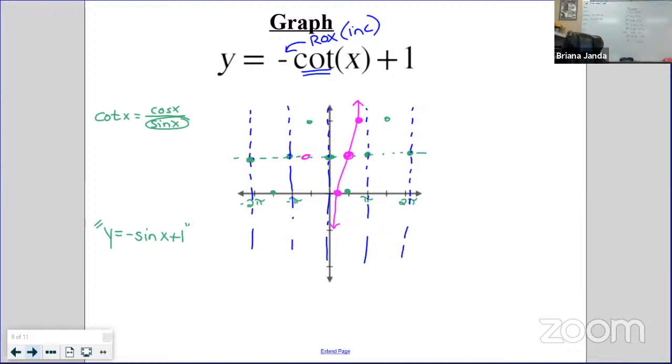Midline is up 1, so my first dot starts on the midline, increasing for the ROX of the cotangent curve, all the way across. Same pattern. Questions you have for me on tangent and cotangent?